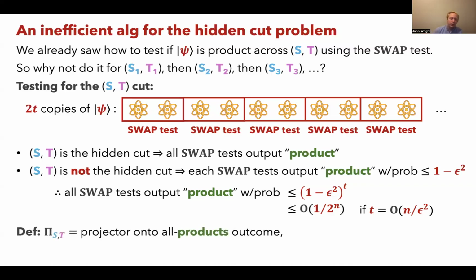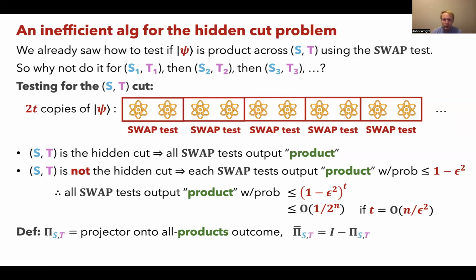Okay, so in other words, let me write pi S,T to be the projector that corresponds to the case where I perform all the swap tests and they all return the word product. And I'm going to write pi S,T bar to be the identity minus this projector.